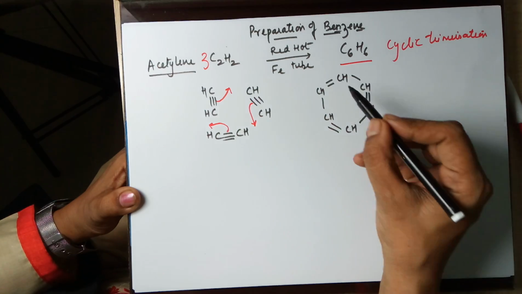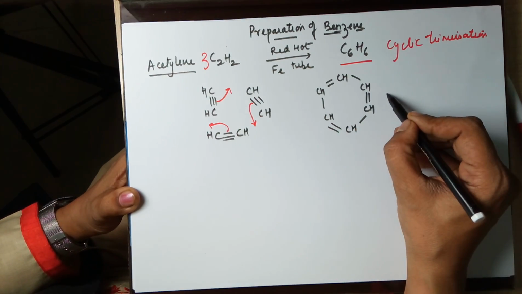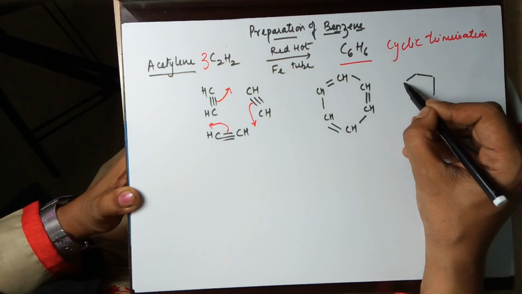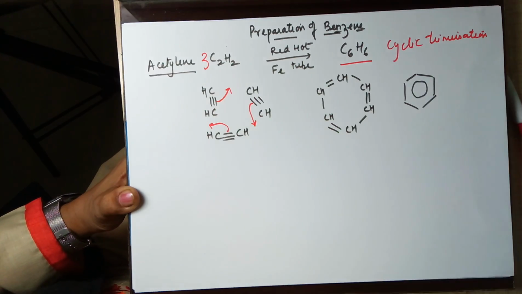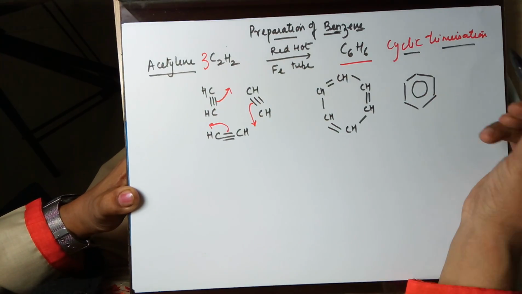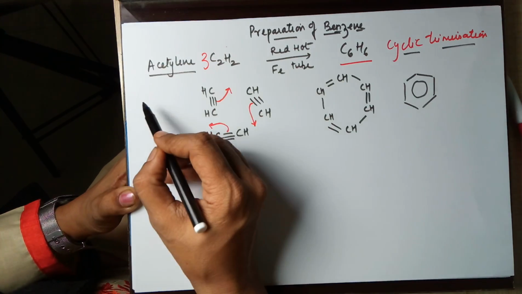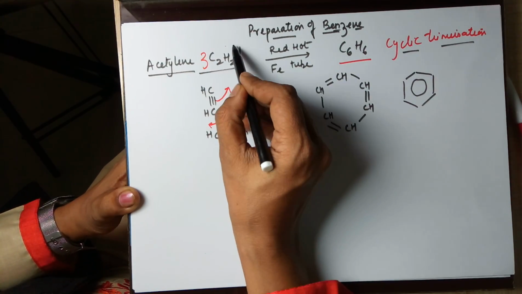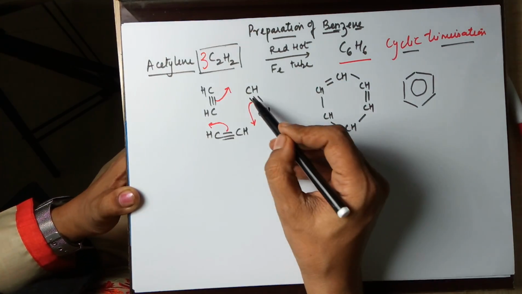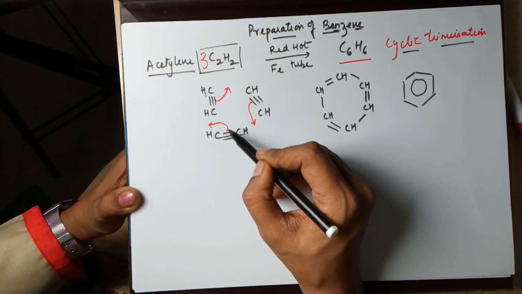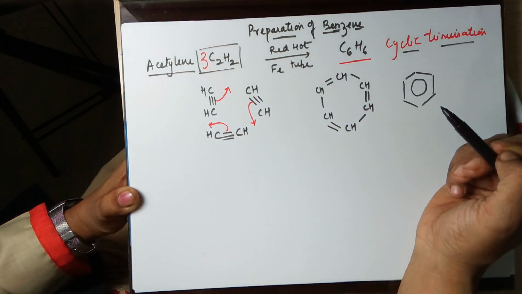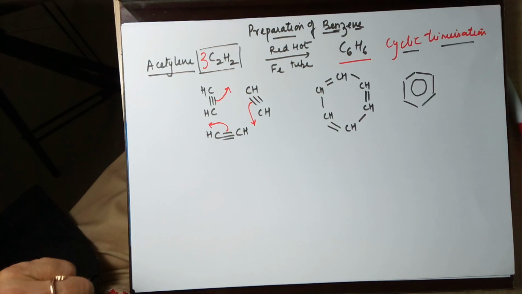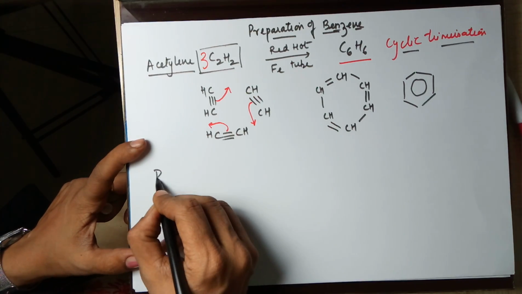Hence you end up in alternate single and double bonds, which is your structure for benzene. The process is called cyclic trimerization of acetylene, where three molecules undergo a reaction of cyclization leading to the formation of benzene. The second method of preparation is from phenol.